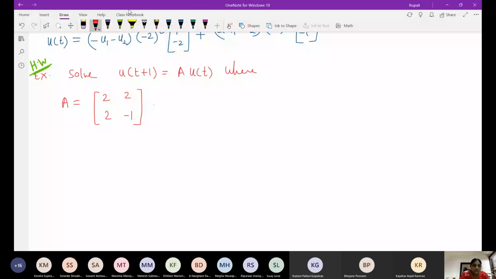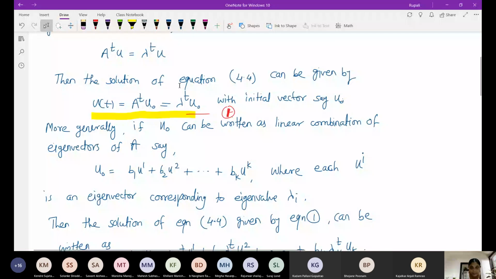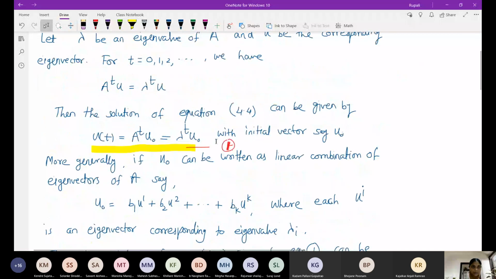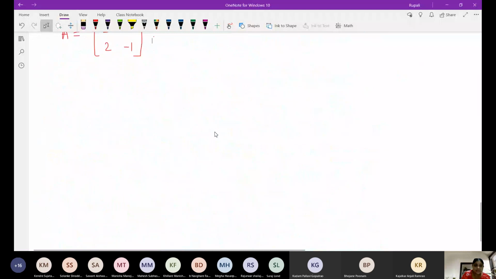Now does everybody know the Cayley-Hamilton theorem? We cannot use this method if eigenvalues are repeated. So we have to use another case, case 2, when some eigenvalues are repeated. For that we will require the Cayley-Hamilton theorem and all that. So what is the Cayley-Hamilton theorem?